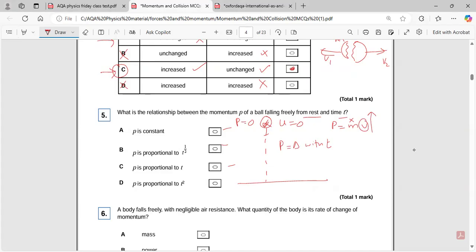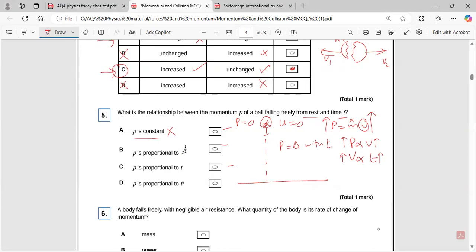So when velocity constantly increases, then the momentum also constantly increases, because momentum and velocity are directly proportional. As time increases, velocity increases, and as velocity increases, momentum also increases. So we cannot say that momentum is constant, because velocity is changing.